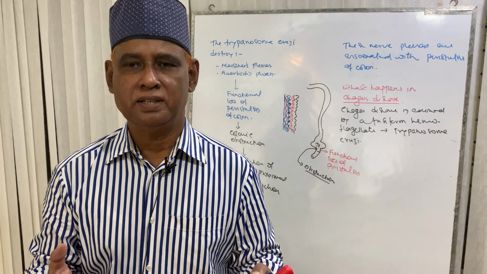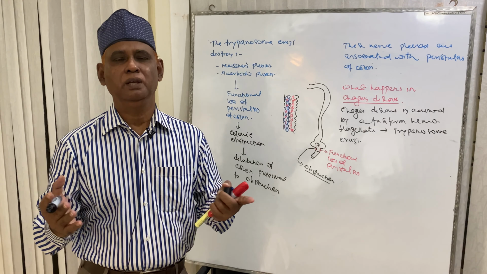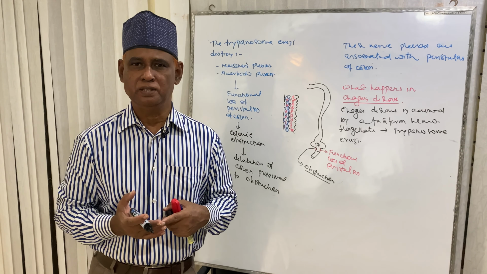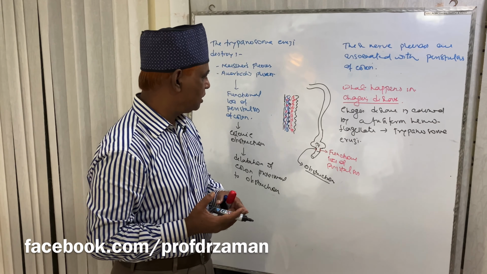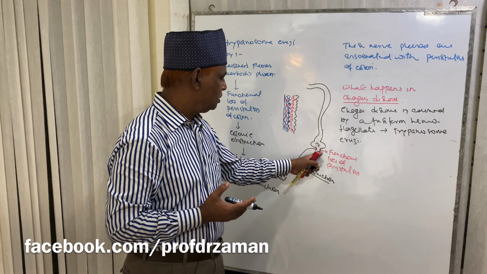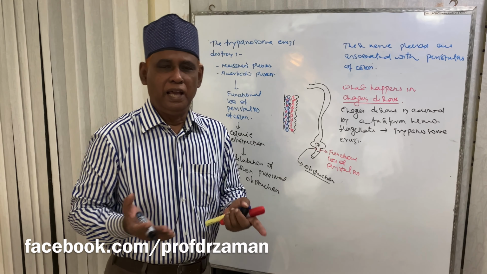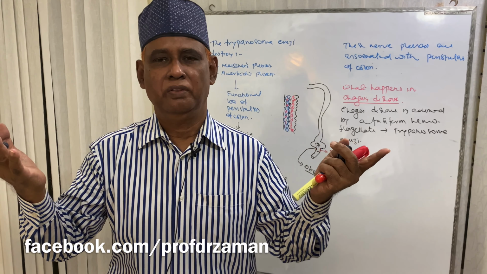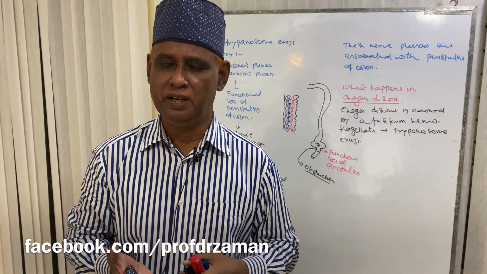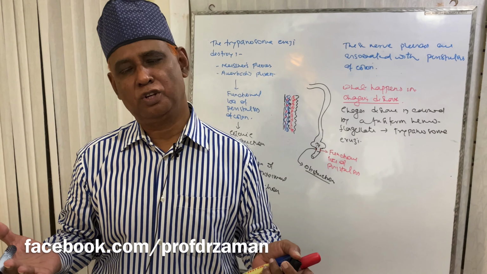It destroys the Meissner's plexus and Auerbach's plexus in the colon wall. The part where there is destruction of this plexus, there will be functional loss of peristalsis. Due to functional loss of peristalsis, there will be obstruction of the colon, and above the obstruction there will be accumulation of fecal materials and dilatation of the colon, and this is megacolon in Chagas disease.